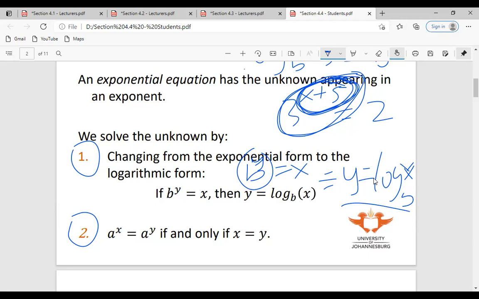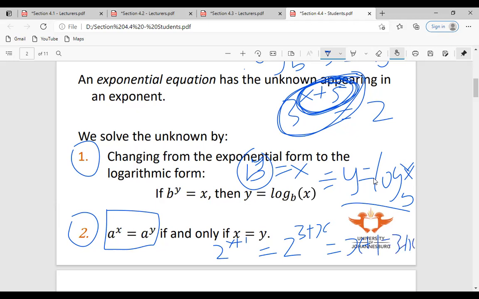Alternatively, the question can come to you in the form a to the x equals a to the y. For instance, say 2 to the x plus 1 equals 2 to the 3 plus x. Since the bases are the same, you can just equate their powers and solve by saying x plus 1 is equal to 3 plus x.